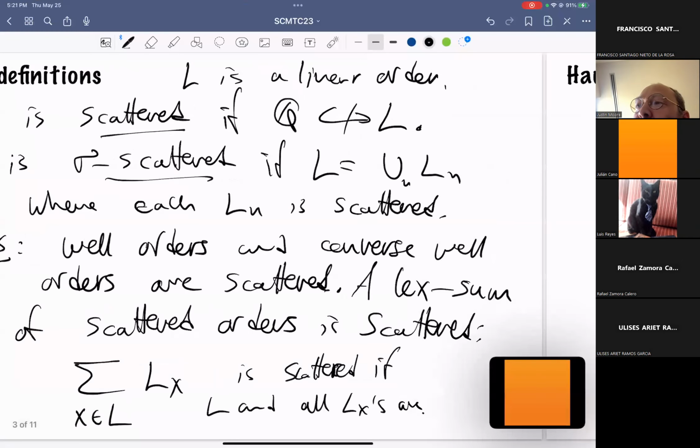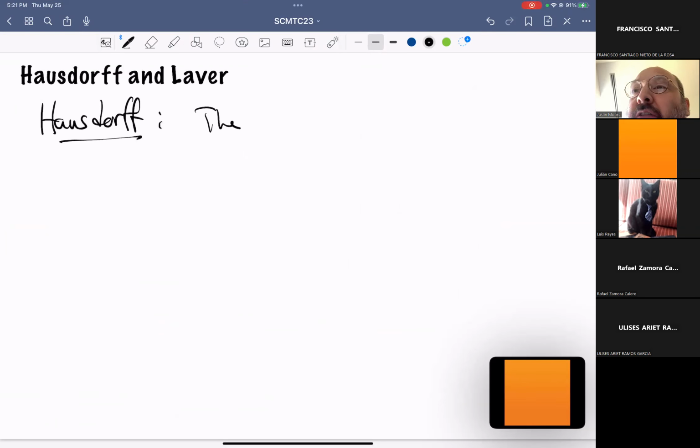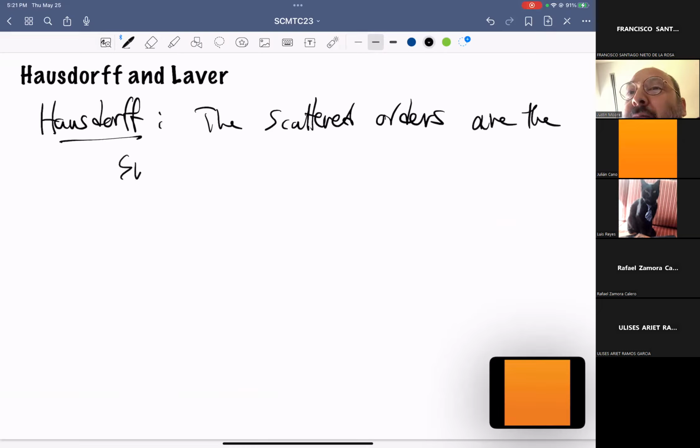So Hausdorff showed that the scattered orders are the smallest class with these two properties.